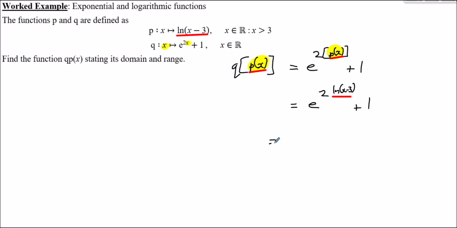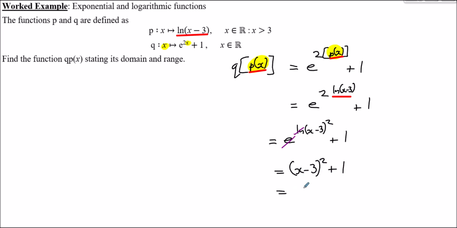So this means e to the power ln x minus 3 squared plus 1. But e and the ln are inverses of each other. So e to the power ln essentially undoes each other. And so this is just going to leave us with x minus 3 all squared. Of course, then plus 1.